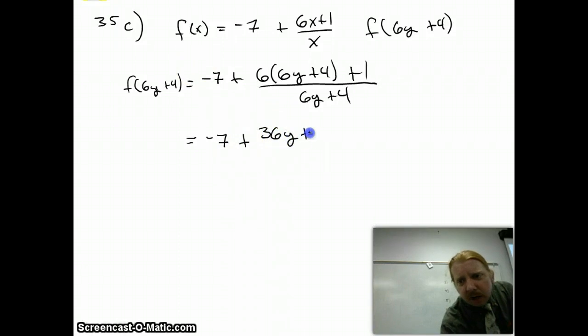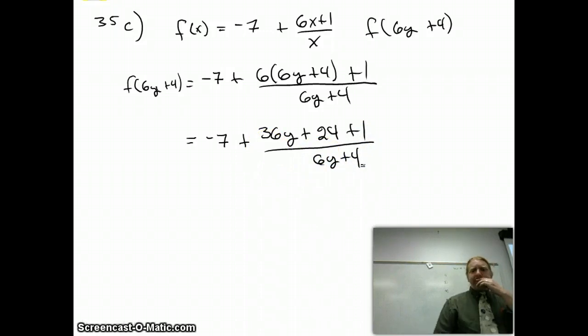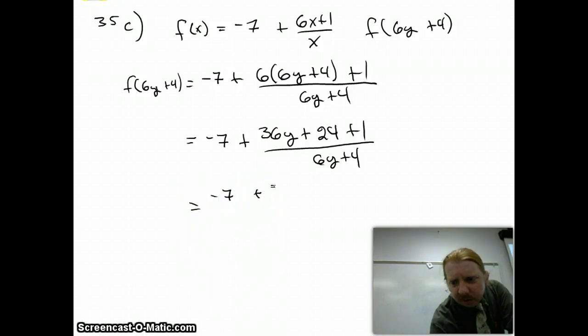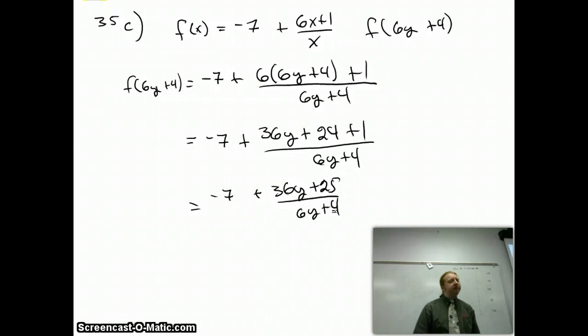So 36y plus 24 plus 1 all over 6y plus 4. That simplifies to negative 7 plus 36y plus 25 over 6y plus 4. Nothing's jumping out at me as a way to reduce that fraction.